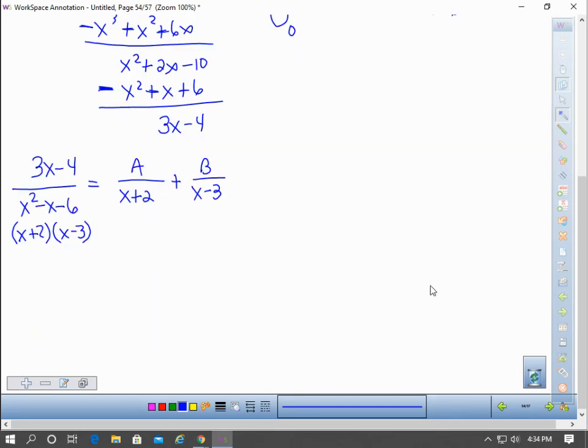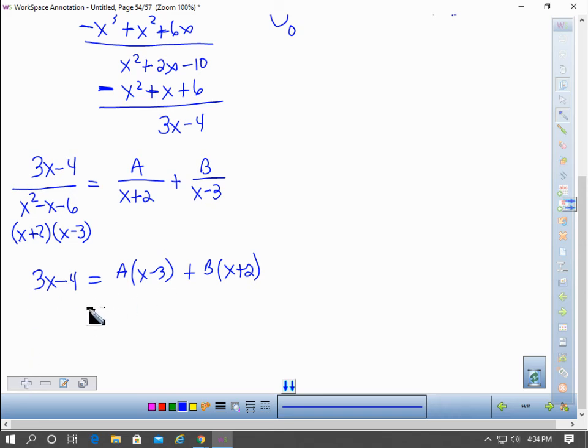And so now I'm going to get rid of all the denominator stuff by multiplying by the common denominator. So remember that leaves me with the numerator equal to the A times this denominator plus the B times that denominator.